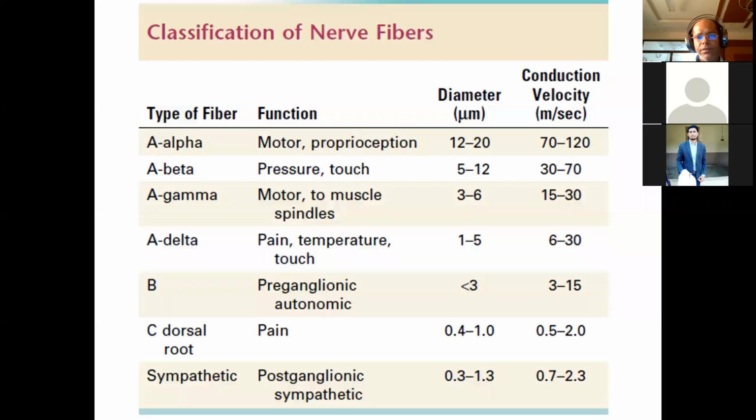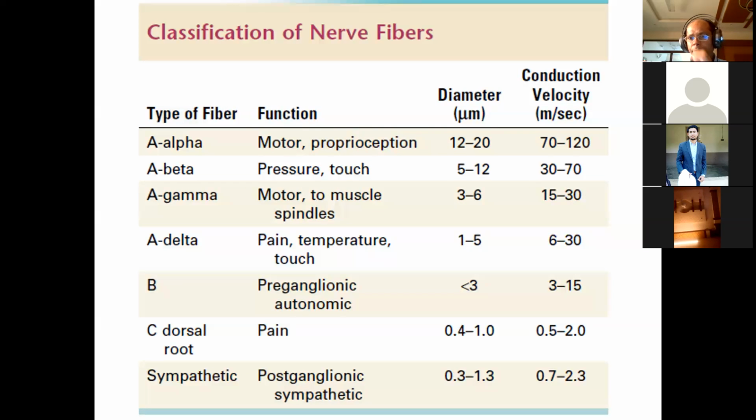Pulpal pain is very severe, sharp, and sometimes dull. It is all due to the presence of different nerve endings in the pulp. This is the classification of nerve fibers. A alpha is motor, and A beta is pressure and touch.